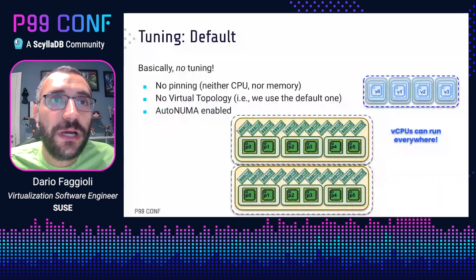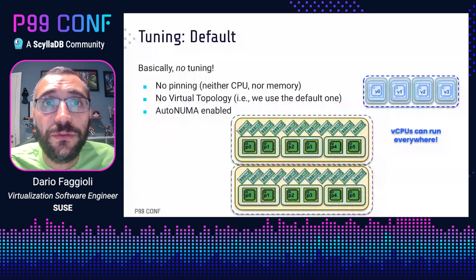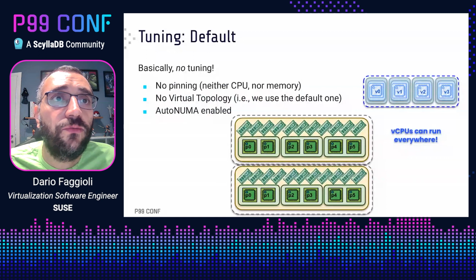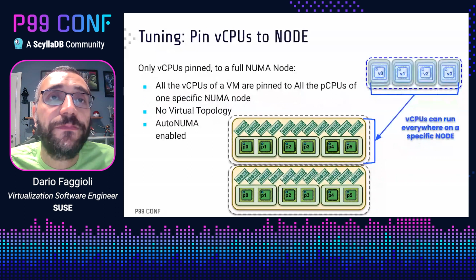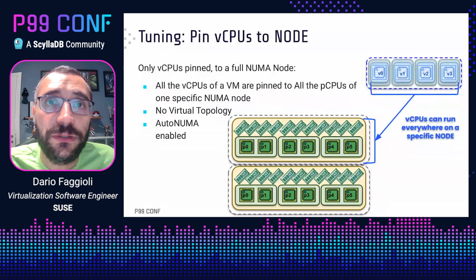So the first one, I'm calling it default, involves no tuning at all. No pinning of virtual CPUs, no virtual topology for the VMs, no pinning of the memory, and AutoNUMA was left enabled on the host. For the pin vCPUs to node case, instead, I was only pinning the virtual CPUs of each VM to a specific NUMA node.